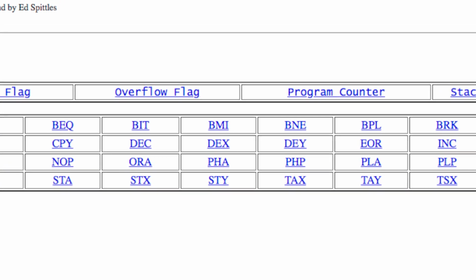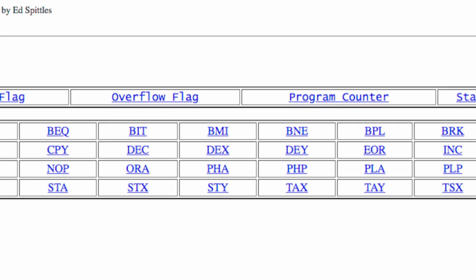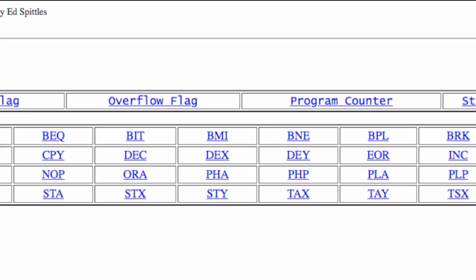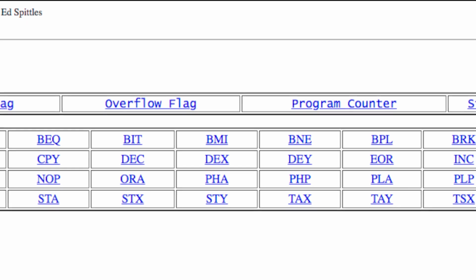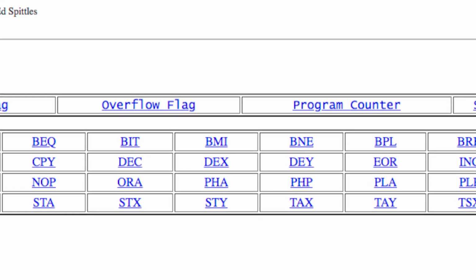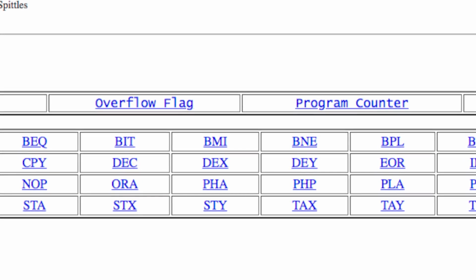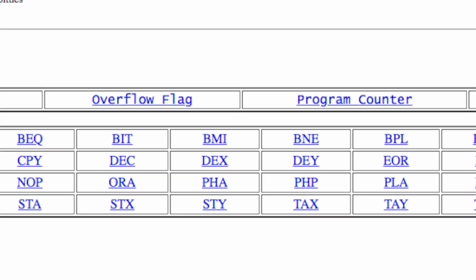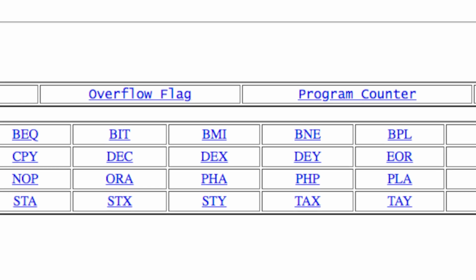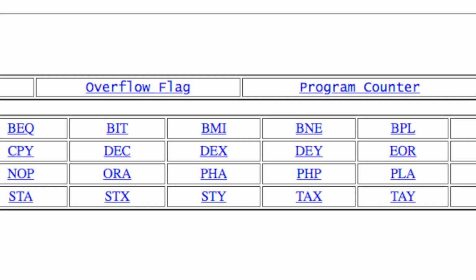The major benefit of this is speed. When you're writing 6502 directly, without a compiler or an operating system getting in the way, it's very easy to understand what's going on and to get the most performance out of the 6502, which is important because it's not a very fast processor, especially by today's standards.